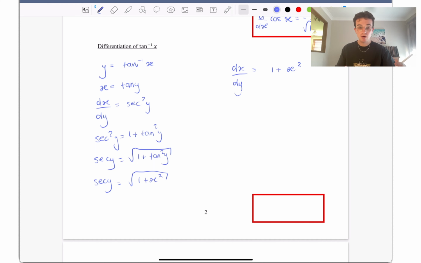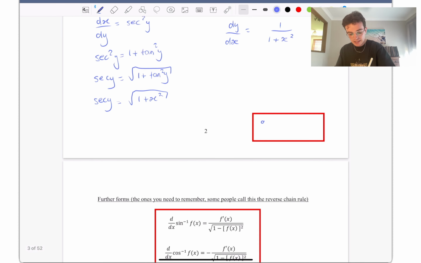But again, we don't care about dx dy, we want dy dx. So we flip it upside down and get dy dx is equal to 1 over 1 plus x squared. Right, so therefore our formula is d by dx of tan inverse of x is 1 over 1 plus x squared.